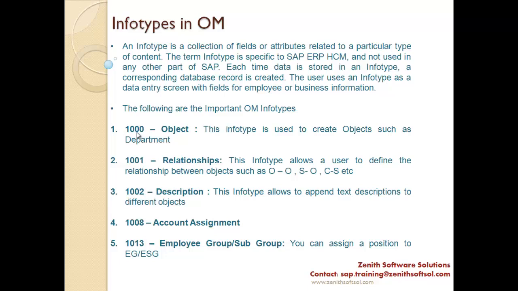So these were just the important OM info types, although there are a couple of more: 1000, 1001, 1002, 1008 and 1013. The concept of info type is the same whether it's PA or OM, but each info type's purpose is totally different. When we do it practically in OM, I will show you how these info types are created.